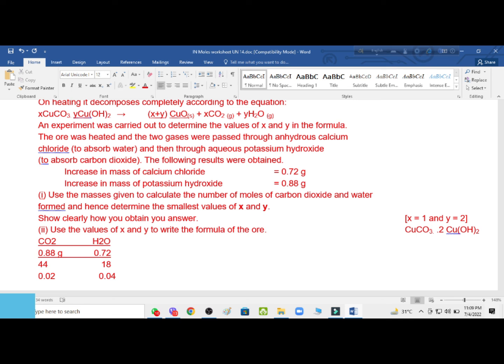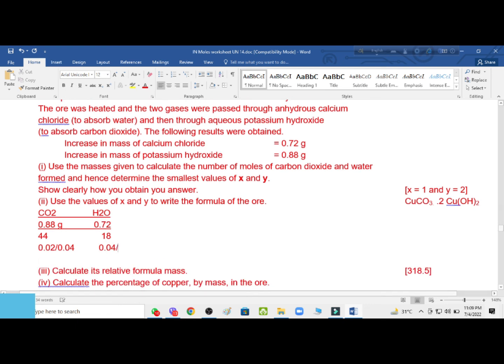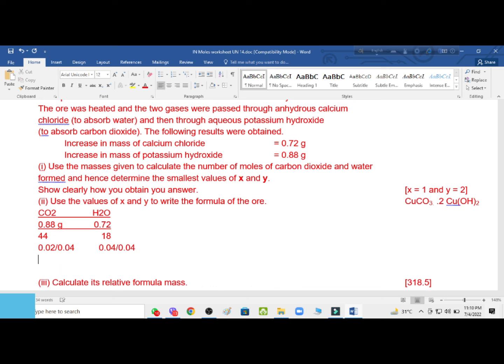We can multiply both of them with 100, or still you can divide with the smallest one, as we do very commonly. Divide by 0.02. Something wrong here. Should divide with this, not with the big one, right? So what we get here, 1, right? What we get here, 2.